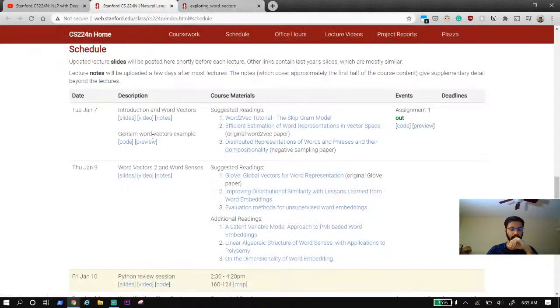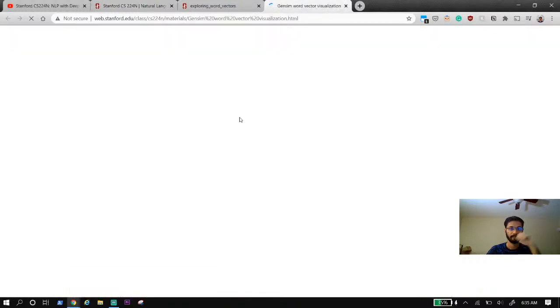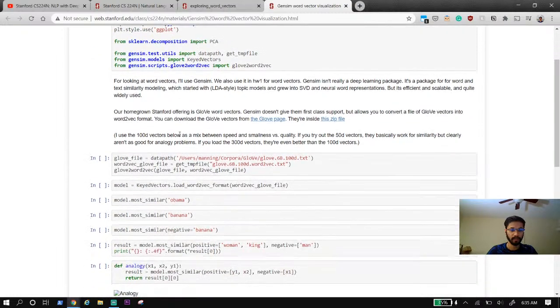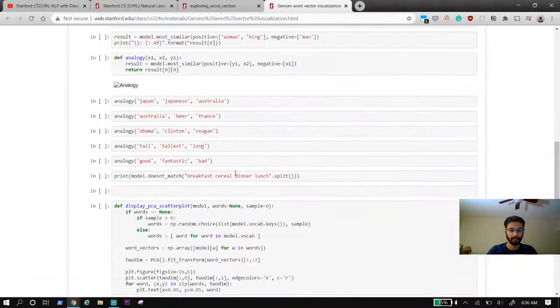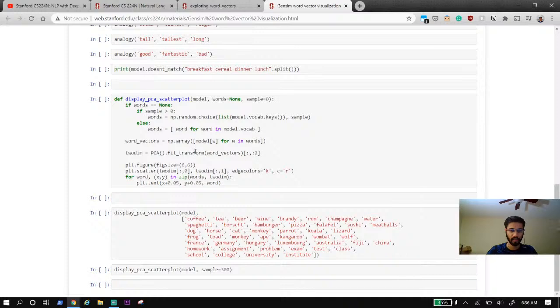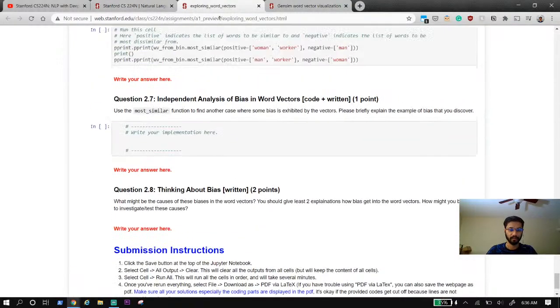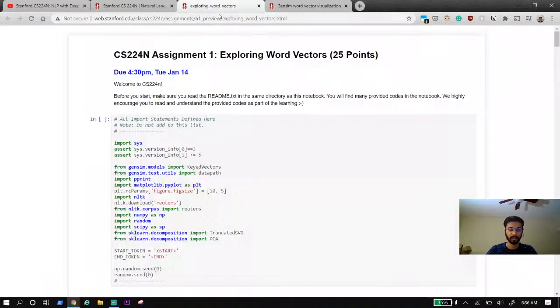There are examples for the vector, and this was the one that was discussed in the class. We can do the exercise, and then if you want you can try the assignment questions, and I'll try them on my own time and we can discuss them later on.